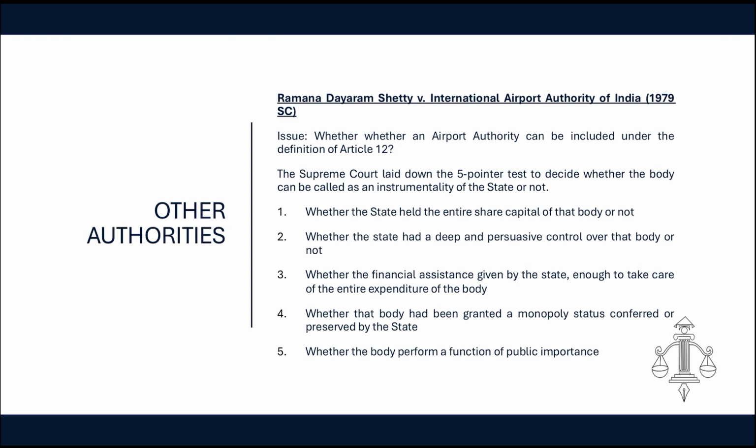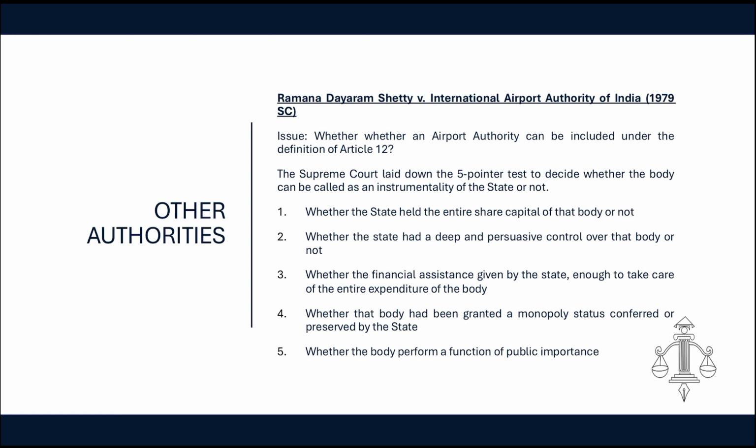So the question first was, क्या वो एयरपोर्ट अथॉरिटी स्टेट होगा कि नहीं होगा? तभी आप आर्बिट्रेरी बोल सकते हो ना, अदरवाइज अगर वो प्राइवेट इंस्टीट्यूशन होगा तो आर्टिकल 14 अप्लाई होगा ही नहीं उन पे. इट ओनली अप्लाइज टू स्टेट, राइट? फंडामेंटल राइट्स कैन बी ओनली इन्फोर्स्ड अगेंस्ट द स्टेट. So the Supreme Court laid down the 5-pointer test to decide whether the body can be called as an instrumentality of the state or not.